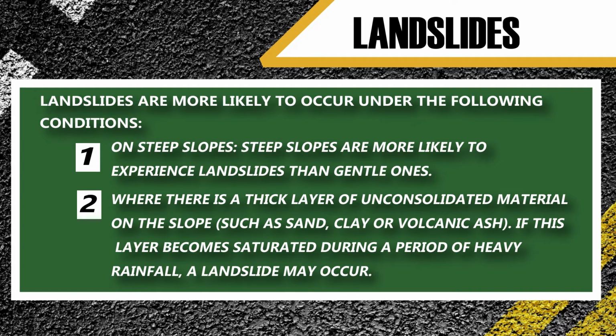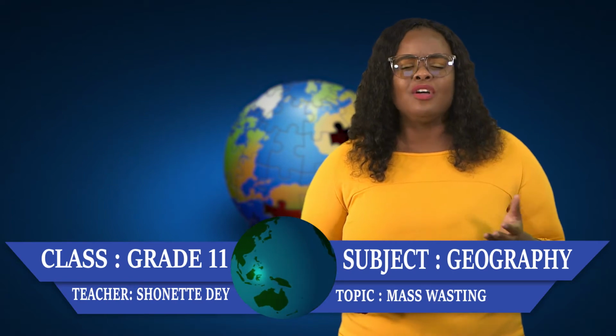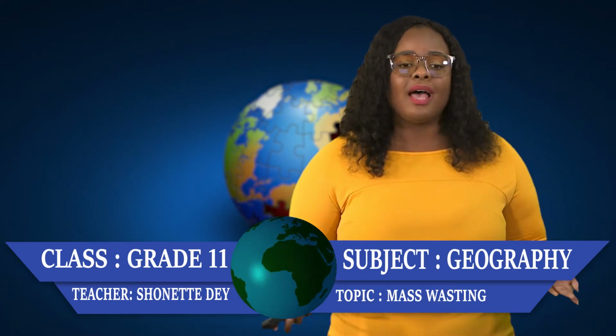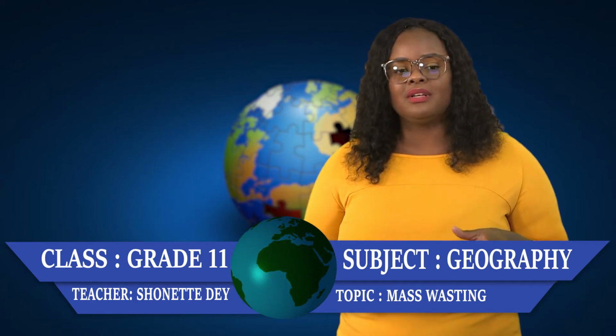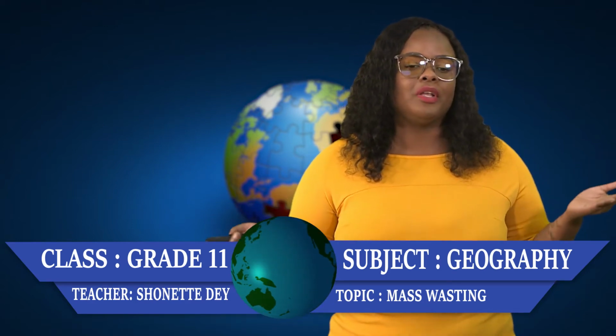If this layer becomes saturated during a period of heavy rainfall, a landslide may occur. I also believe in the region, was it region 8 or region 7, with the high flooding we're experiencing now, some villages on mountainous areas were complaining of this. So sad to hear.